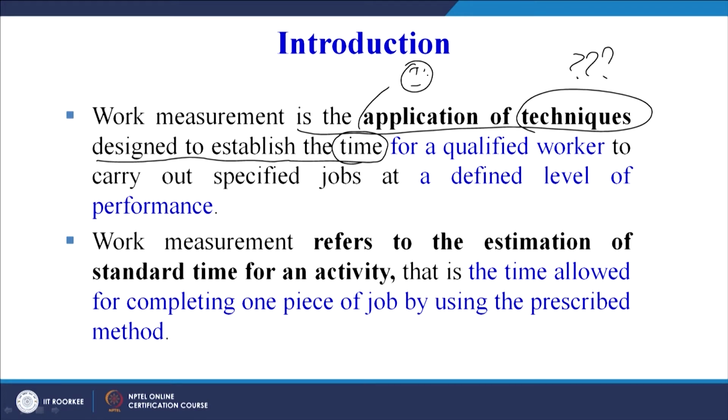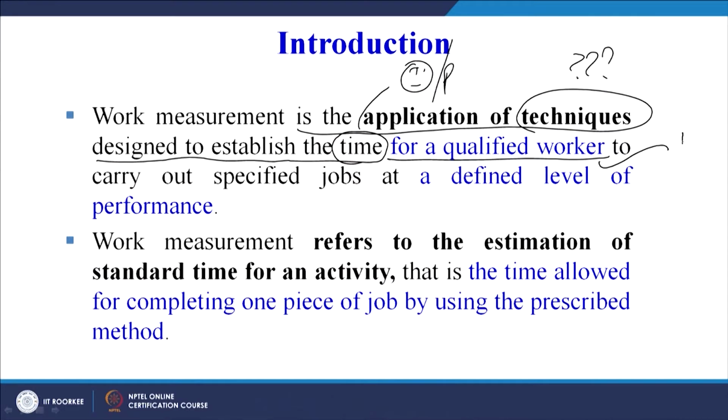Time for a qualified worker, this is our output, that we want to establish the time for a qualified worker. This is the first prerequisite. It cannot be for any worker. It cannot be a person who has just joined the organization, and we put him on the task and start to time him to see how much time he will take. Suppose a person is driving a car, maybe he started driving 4 days back, and you send him from Roorkee to Delhi.